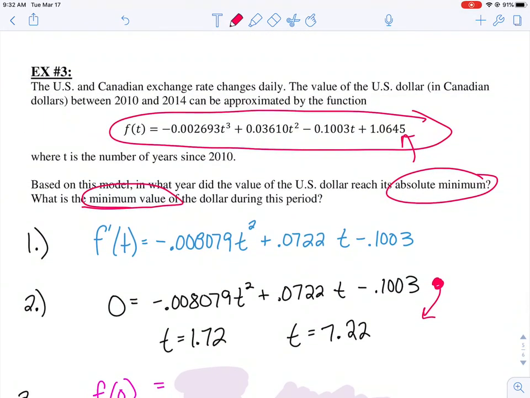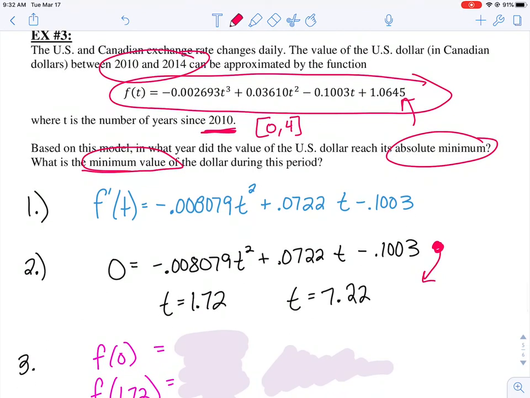Why is that? Well, if you look at the question, it's saying that the parameters, the endpoints really, are between 2010 and 2014. So if t is the number of years since 2010, we're really going to consider 2010 as 0, and 2014 as 4. So really our endpoints are 0 and 4.